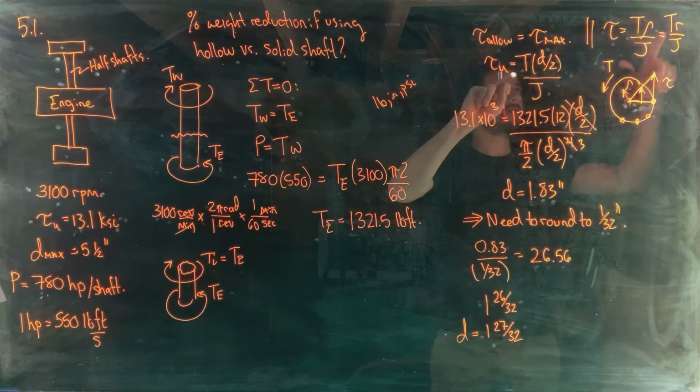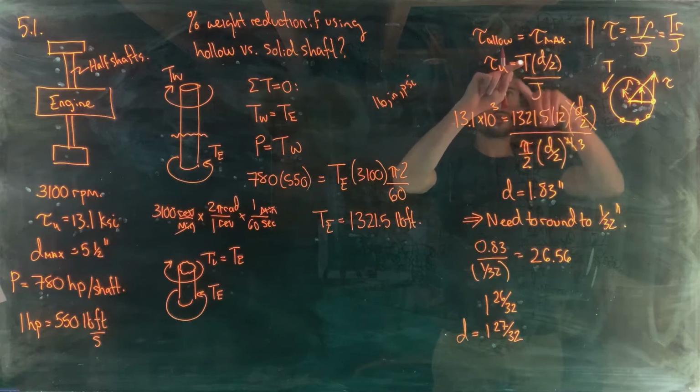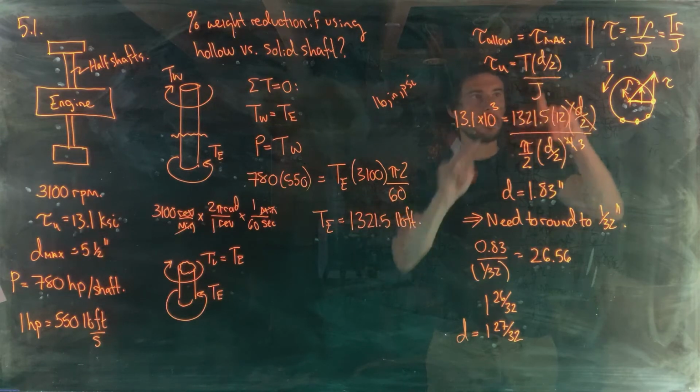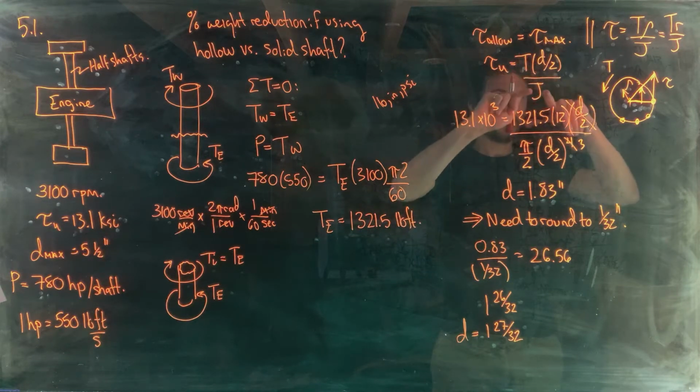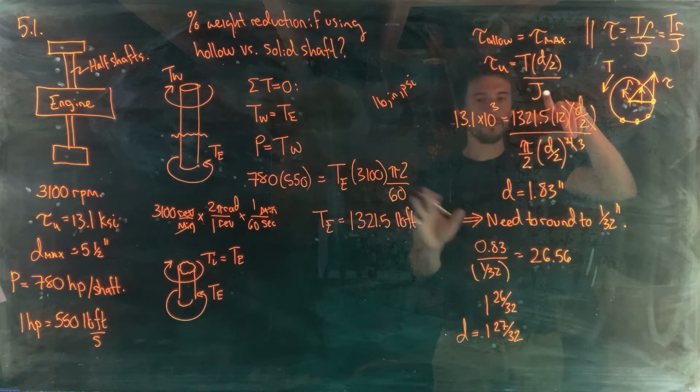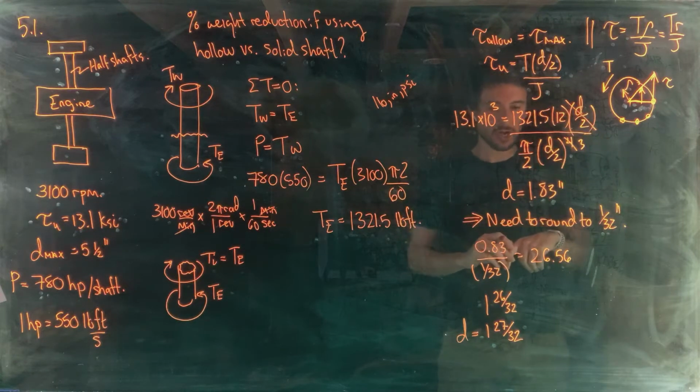So all we're doing is taking our internal torque. We found what the internal torque is that the shaft has to support. This is the radius here. And J, the polar moment of inertia, is just a property of the cross section. The equation for that is pi over 2 radius to the 4th power for a solid circular shaft.